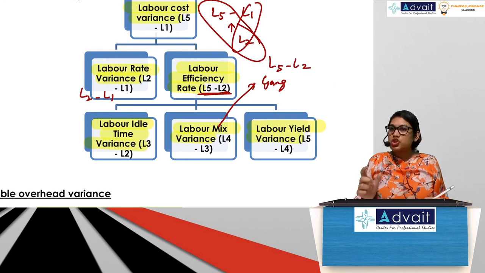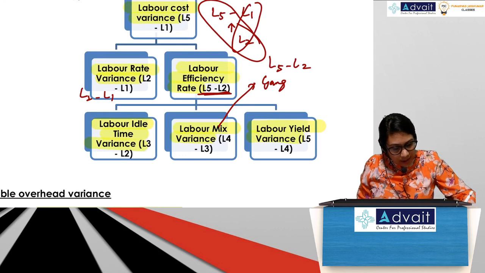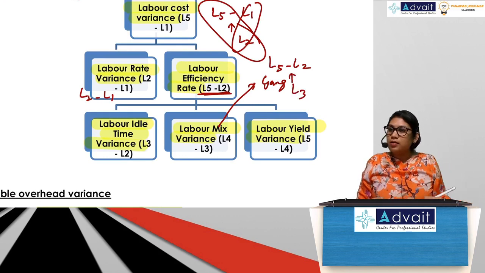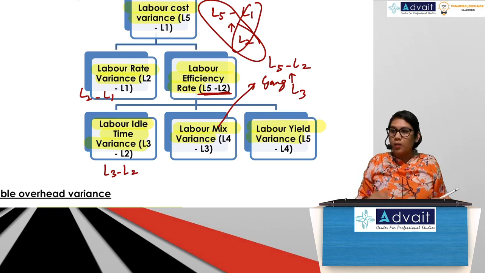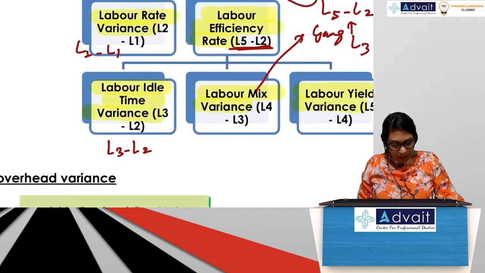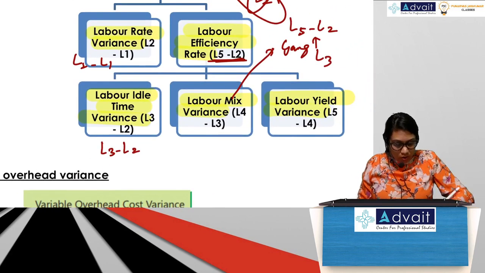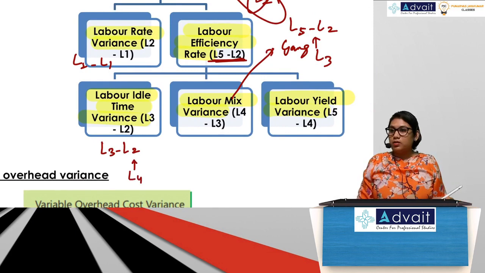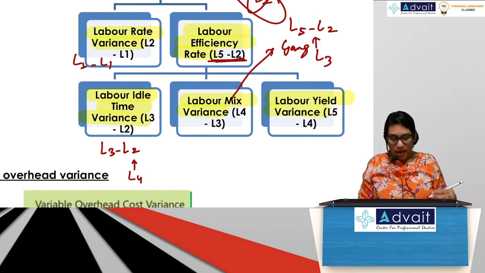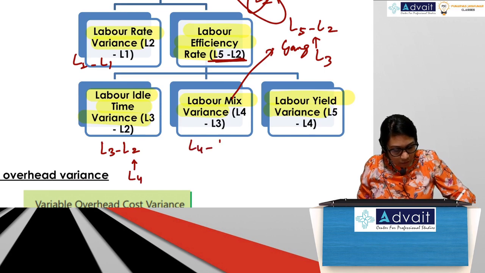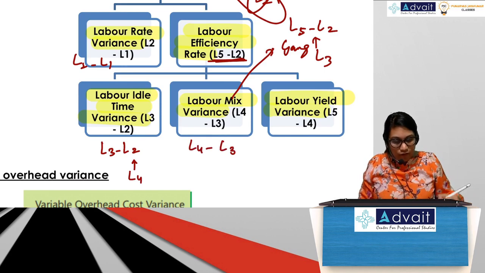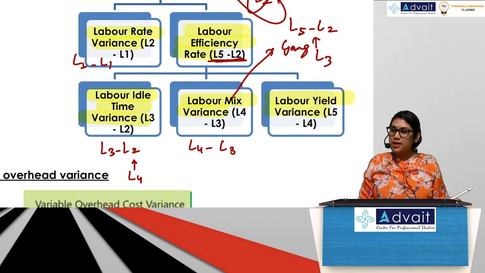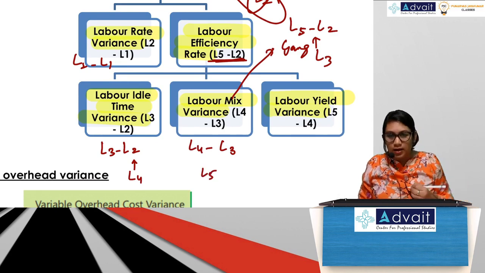Now things will change a little. Now what will happen? L3 will come in the middle. So you will have L3 minus L2. But now in this L3 minus L2, L4 will come in the middle. Okay. So you will have L4 minus L3. And now L5 will come in the middle.